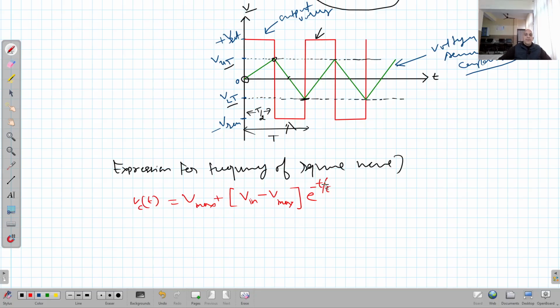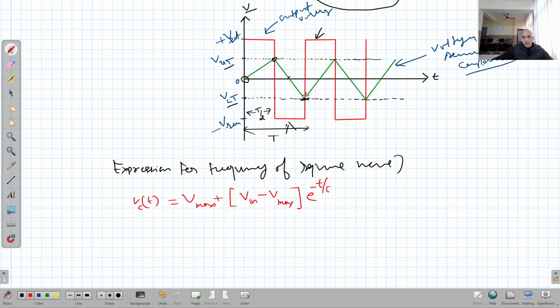Clear? Now here V_C is the voltage across the capacitor. V_max is the maximum voltage up to which the capacitor can charge. V_initial is the initial voltage across the capacitor.